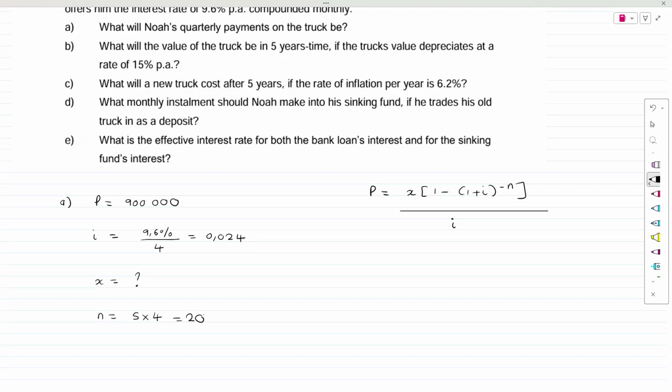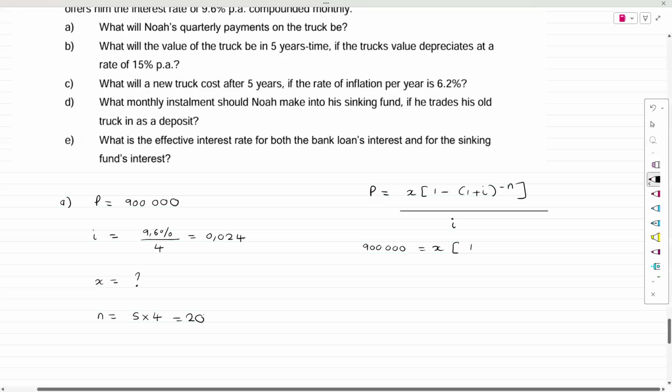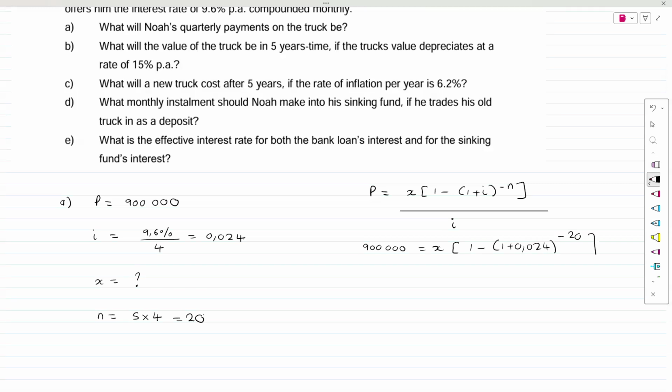So it's very simple. This would be 900K, which equals X into 1 minus 1 plus 0.024 to the power of minus 20, and this is all over 0.024.